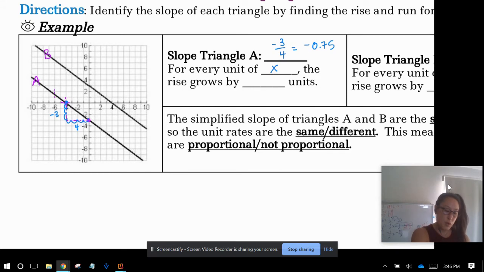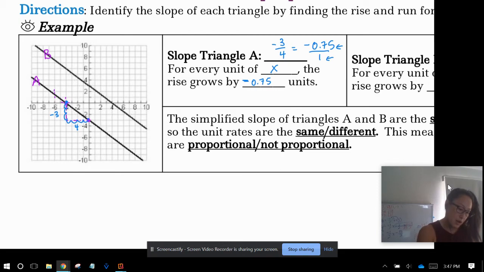So for every 1 unit of x, I can say the rise grows by negative 0.75, which really means it goes down. So it drops by negative 0.75.